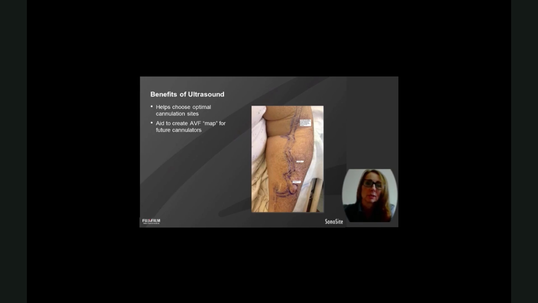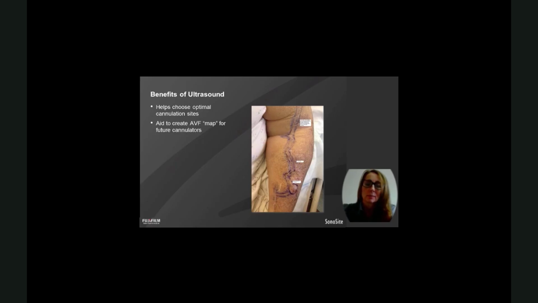It also is a lot more difficult to cannulate a deep fistula because if you're slightly off track and it's shallow, you'll still hit it. If you're slightly on track and it's deep, you could completely miss it or just put a hole in the sidewall and cause a big hematoma.